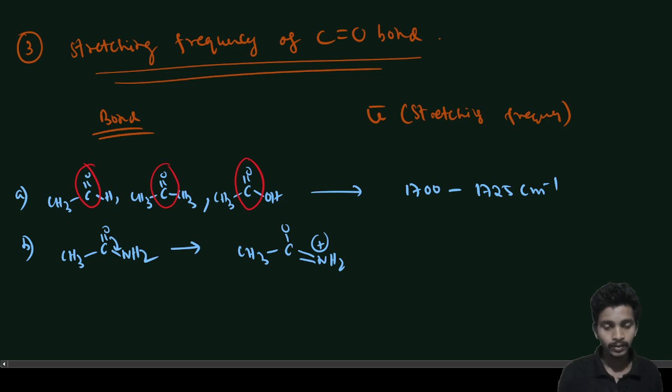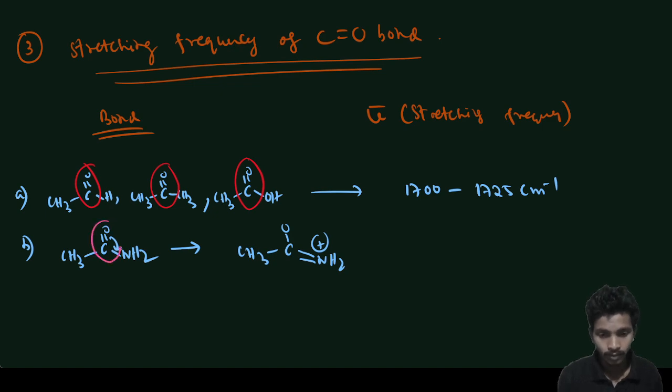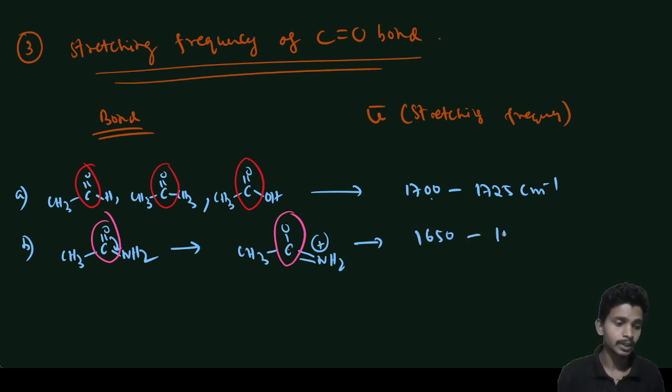It means that the CO double bond decreases toward a CO single bond. If the bond strength decreases, then the stretching frequency decreases, because bond strength is directly proportional to stretching frequency. So its range decreases to nearly 1650 to 1680 centimeter inverse.